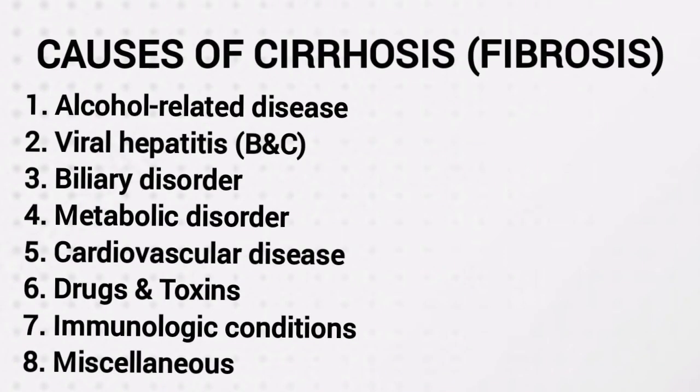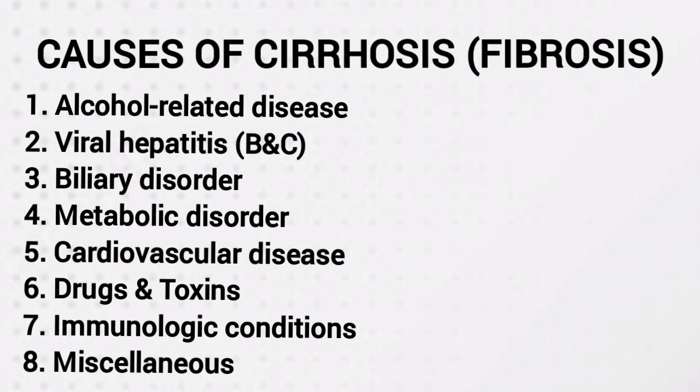Causes of cirrhosis or fibrosis. Alcohol-related disease is the major cause. It accounts for about 60 to 70% of all cases in the Western world. Viral hepatitis, especially B and C, are a common cause in Asia and Africa.